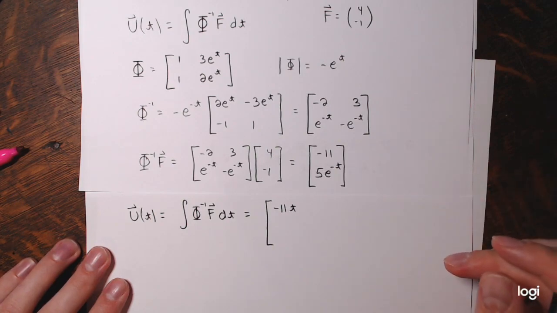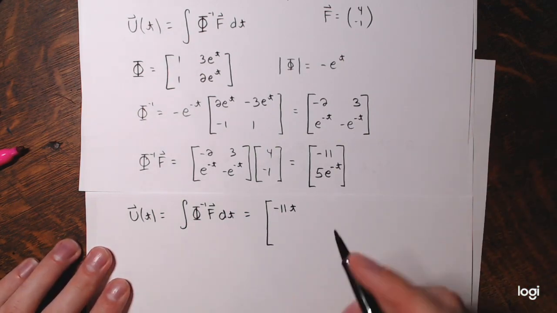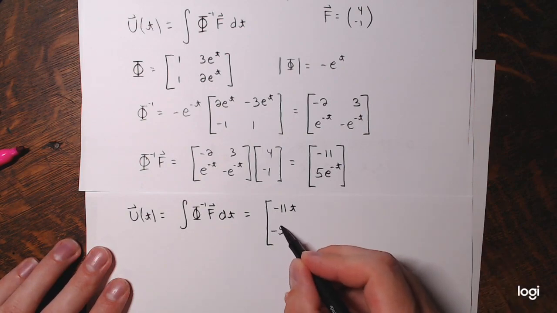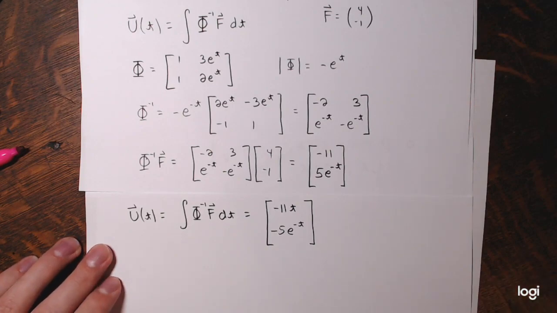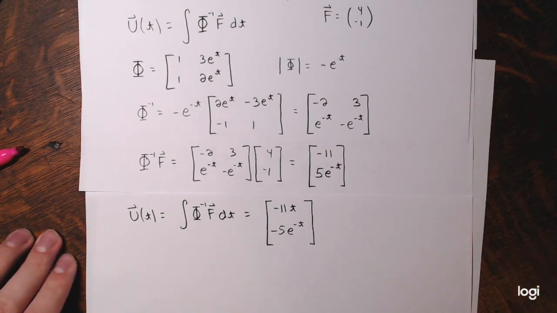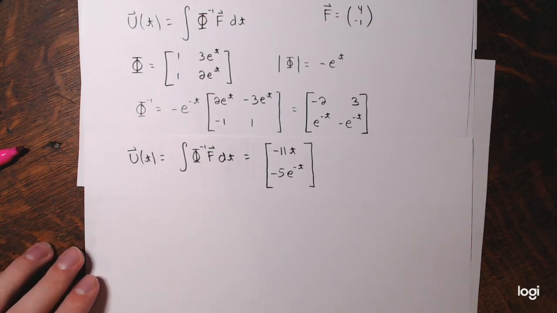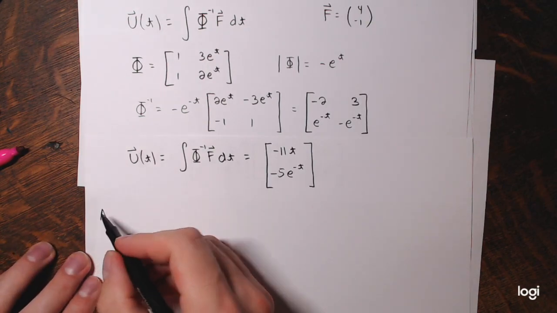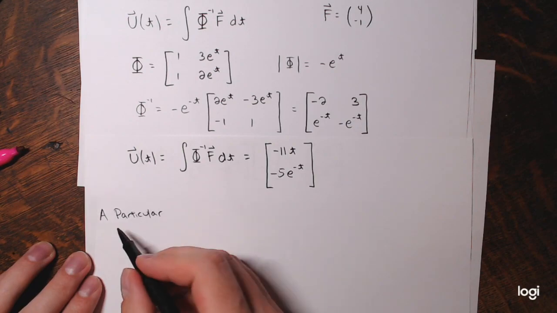You can just have the constant be 0, just like variation of parameters with a single equation. And this one would be negative 5 e to the negative t. And there we go. Okay, wonderful. So then, finally, a particular solution to our non-homogeneous system.